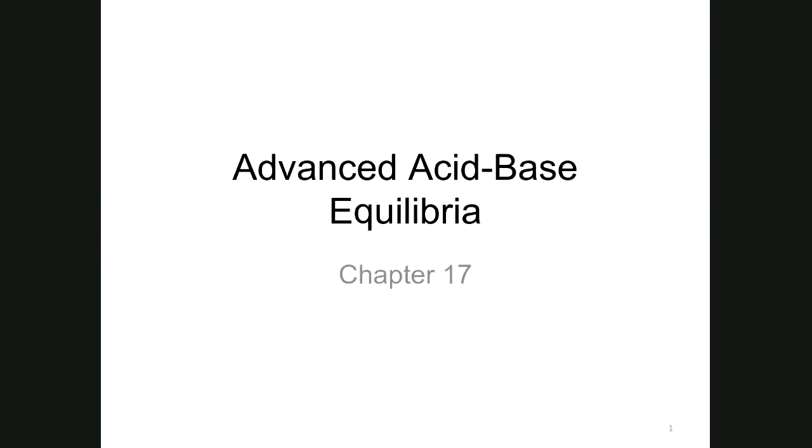Hello and welcome to Chapter 17, where we're going to be taking a lot of information that we saw in Chapters 15 and 16 and applying them even further with these acid-base theories. Particularly in this chapter, we're going to look at buffers and titration problems.